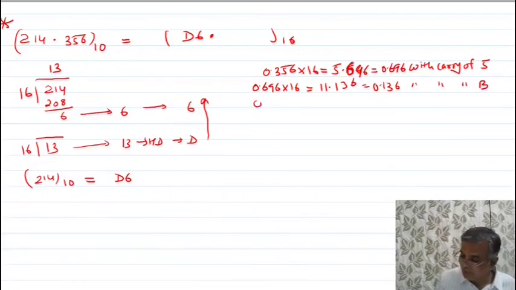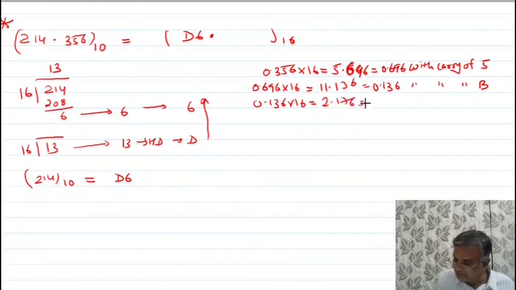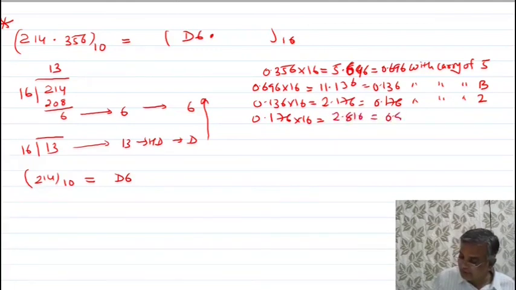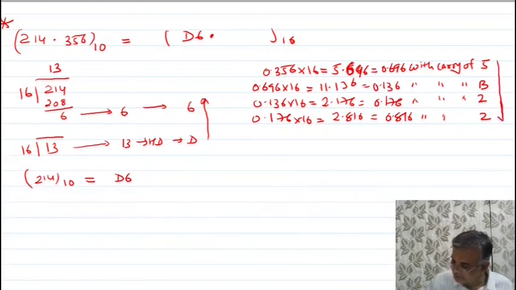So 0.136 multiplied by 16, you will get 2.176. 0.176 with a carry of 2. 0.176 multiplied by 16, I can write 2.816. So 0.816 with a carry of 2. Now read down here. This is MSB, this is LSB.